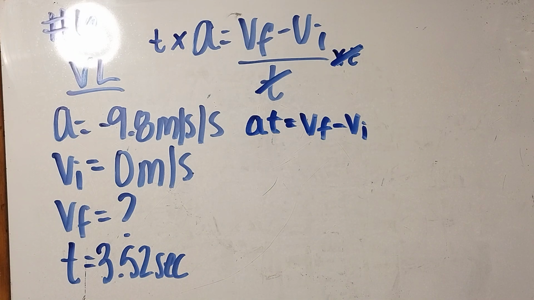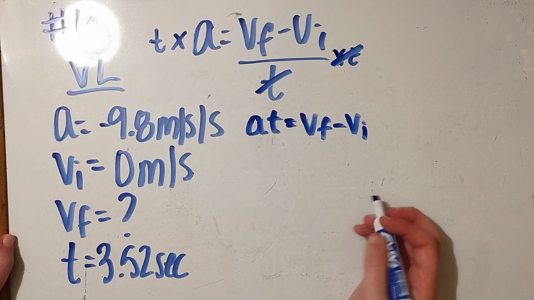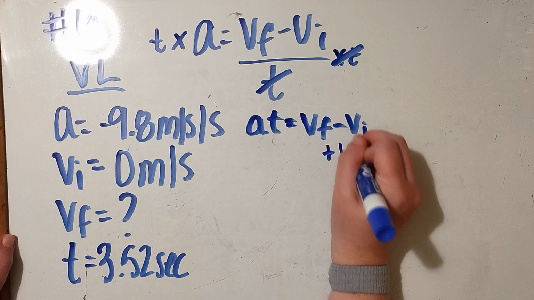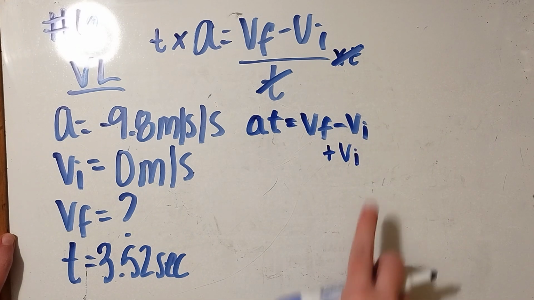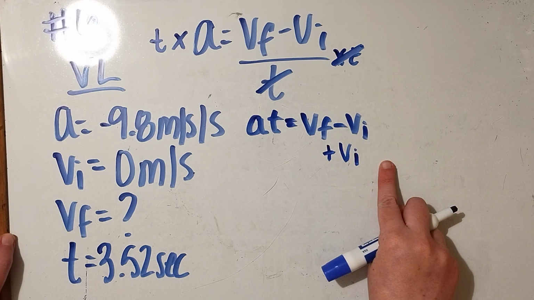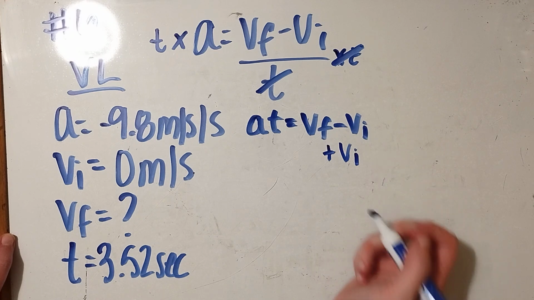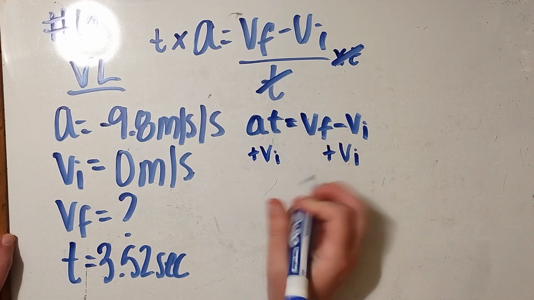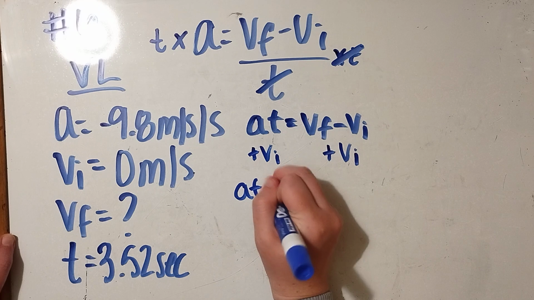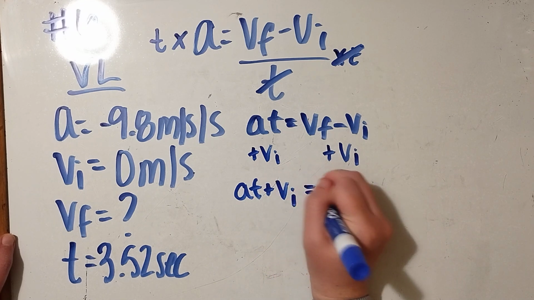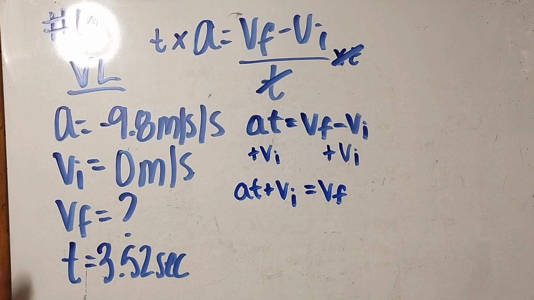Okay? Now we want to get VF by itself, but it still has that minus VI right there. So to get rid of that VI, I have to add VI, because the opposite of subtracting something is adding. So what I do to one side, I have to do to the other. So this becomes AT plus VI equals VF.